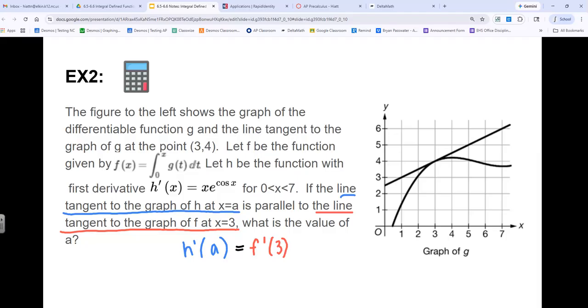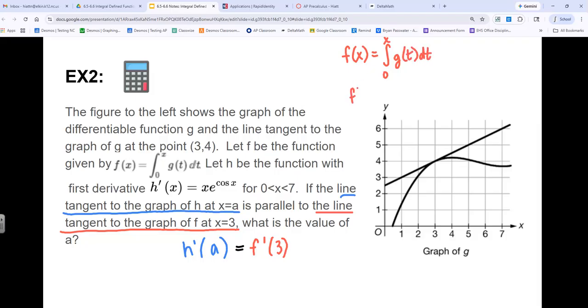So what is really easy to do is to treat f and g like they're the same thing. And in fact, they've given you extra information that you don't need here about g to try to trick you into doing that. But f is not this graph over here. F is the integral from 0 to x of g of t dt.